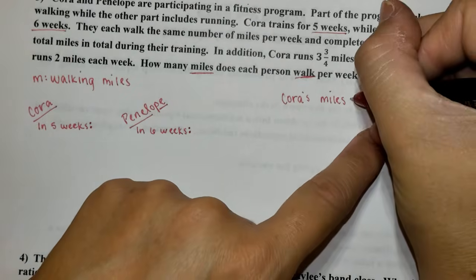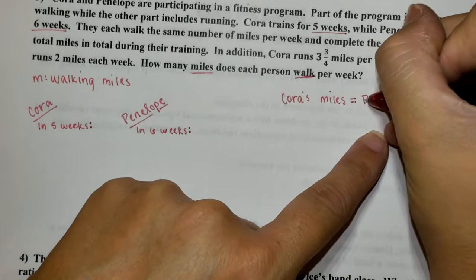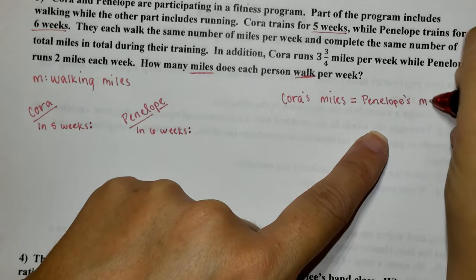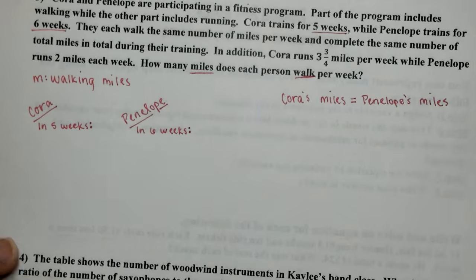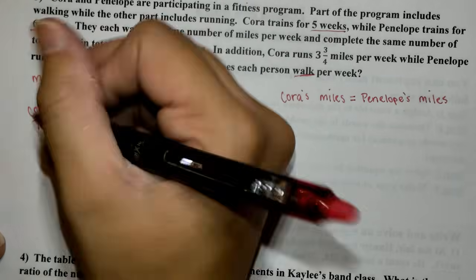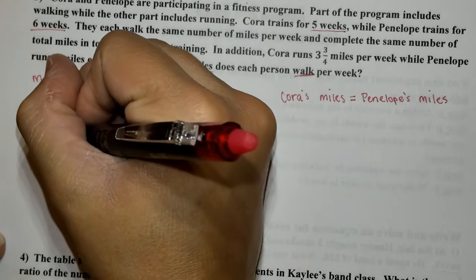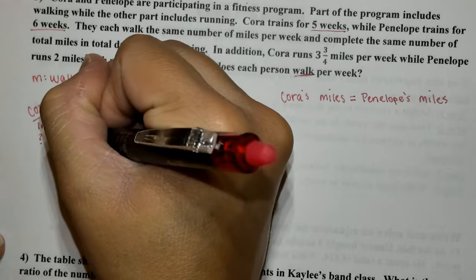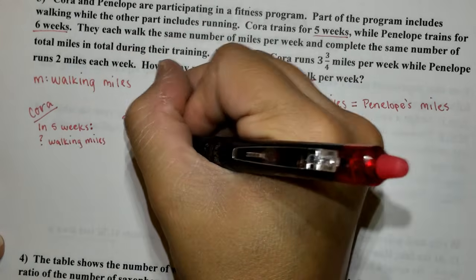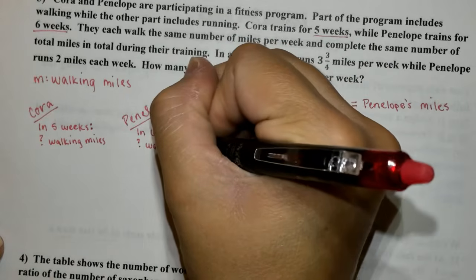So Cora's miles are going to be the same as Penelope's miles. Okay, and so I need to figure out, it says that they each walk the same number of miles per week, so we don't know the walking miles. But we know they walk the same, so we can put the same thing down for each of them.